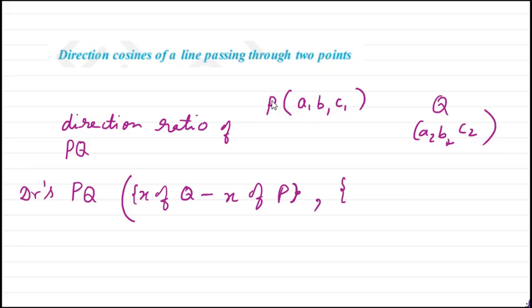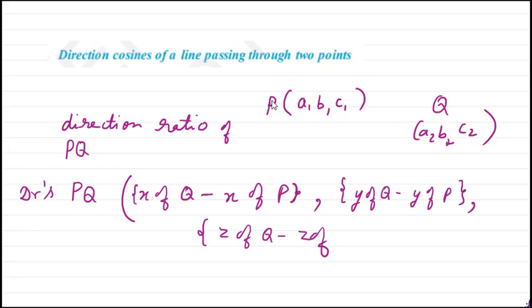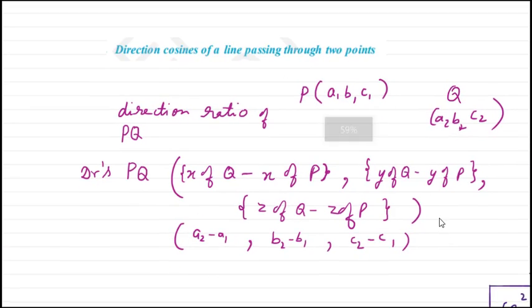If you want the y, y will be y of Q minus y of P. The same thing for z: z of Q minus z of P. So the DRs will be A2 minus A1, B2 minus B1, C2 minus C1. Like this you can find out these DRs.